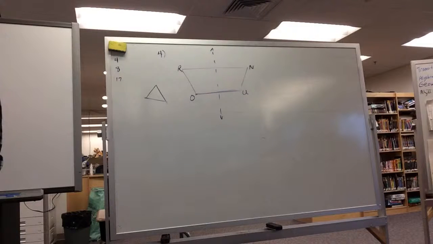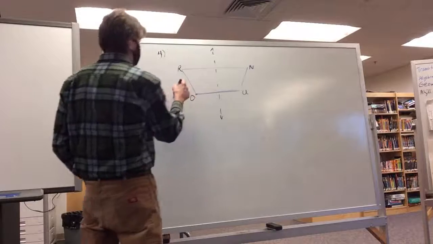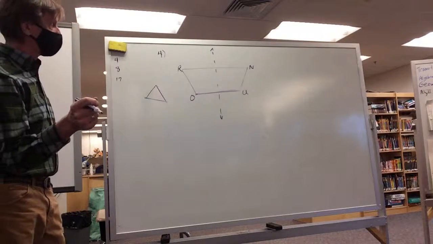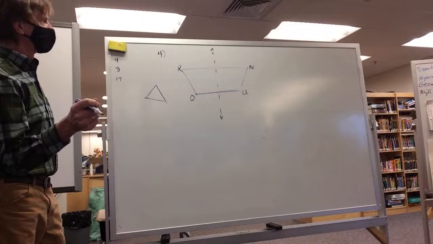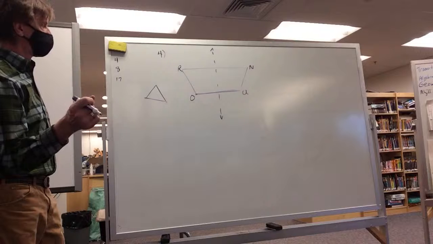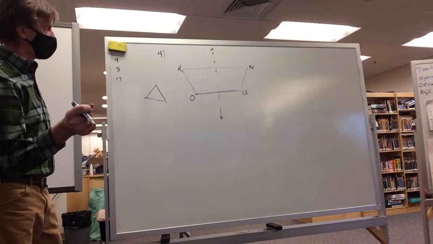What I did was, from each of the three vertices, I took my compass and opened it to the length of one of the side lengths, and then drew circles on each vertex, and where each circle met was the center.